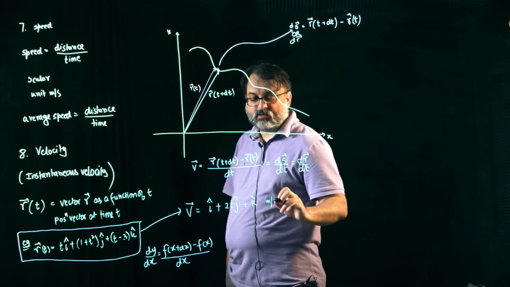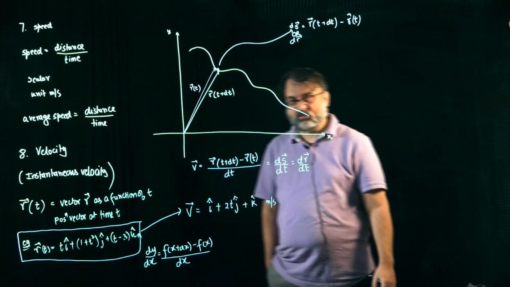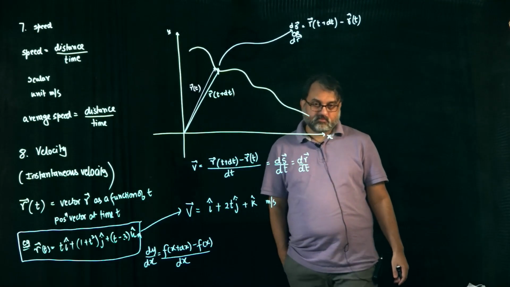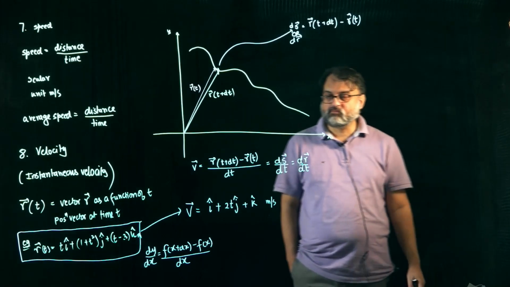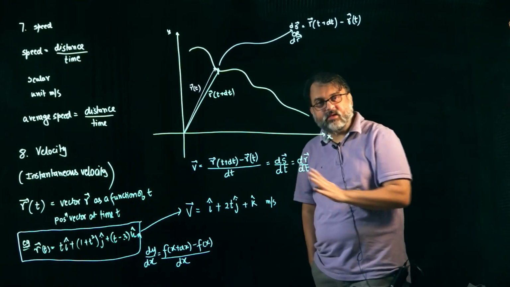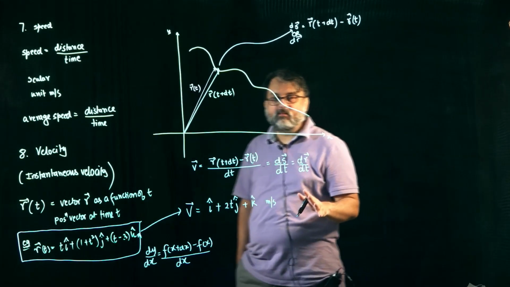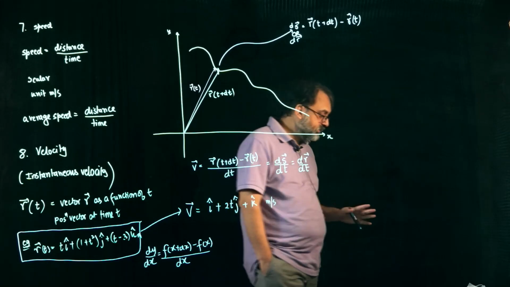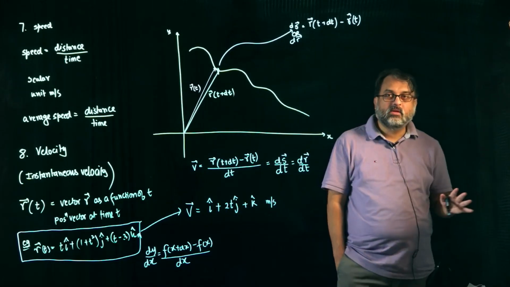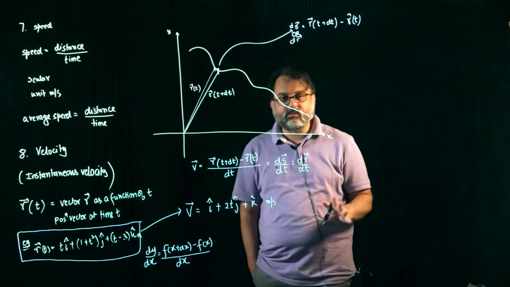So the velocity vector will be this, in meters per second. This is the maths. Very, very easy. You have the position vector as a function of time, and you differentiate it, and you get the velocity vector. Okay.